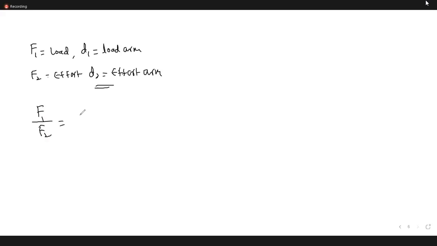Where you are applying force, that is the effort, and where you are getting the result, that is the load. In the previous example, lifting that stone with a rod, this is the load and this is the effort, and we are lifting that object. Yes sir.